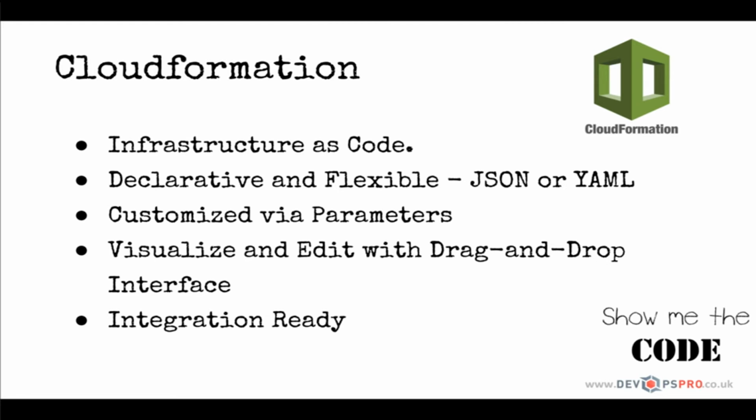So if, for example, you want to create a new database, you can do that using a CloudFormation template. If you want to create any other servers or services from Amazon, everything can be created by CloudFormation. And you probably heard about Terraform, which is a HashiCorp product. CloudFormation is targeted only to AWS, so if with Terraform you can use different clouds, with CloudFormation it's specific to AWS.